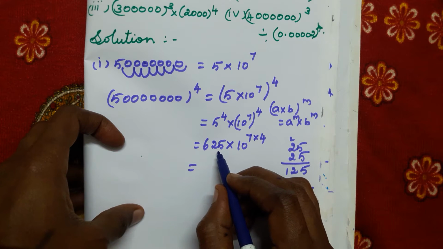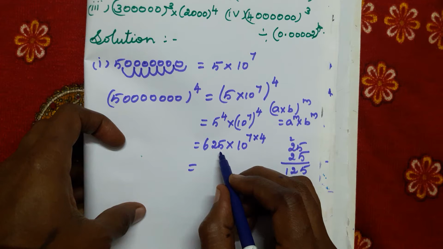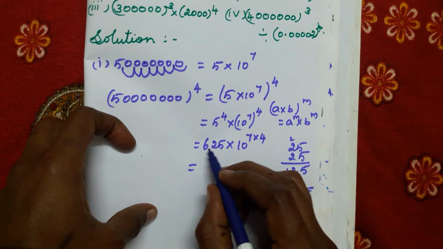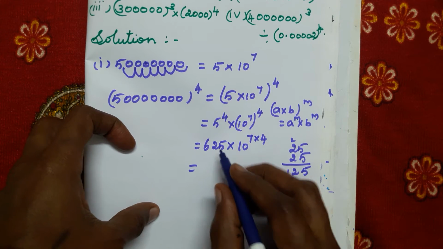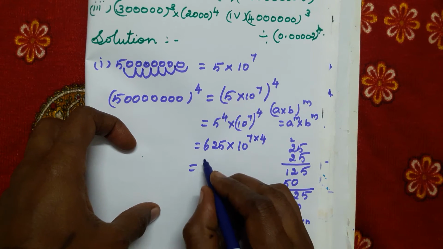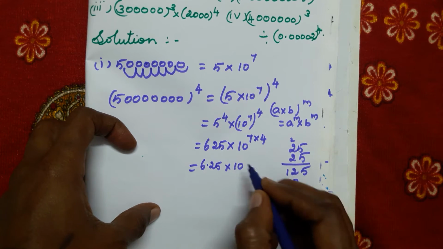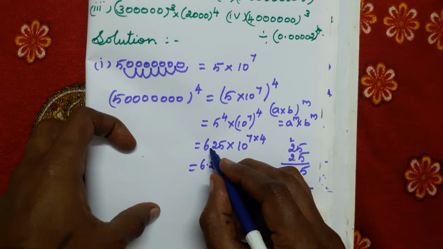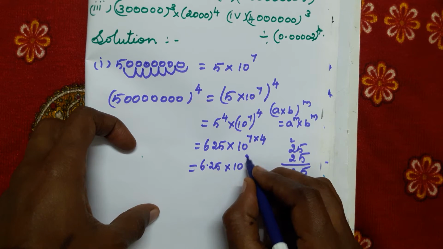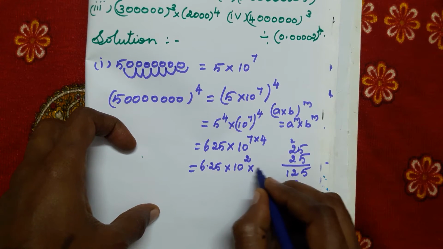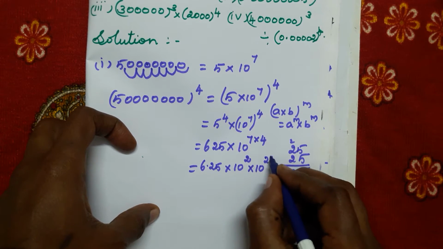Now is it in scientific notation? 625 is not in scientific notation. Now we want to convert this into scientific notation. So what you have to do? 6.25, into how many digits we moved the decimal point? 2 digits left. So we want to write 10 power 2 into 10 power 28, 7 fours are 28.